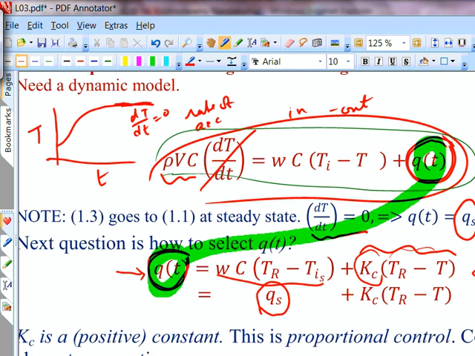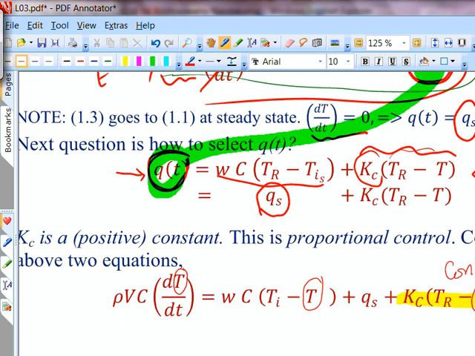When I say find the solution T as a function of time, I want to generate a graph of how the temperature in the tank is going to change with time by solving this differential equation. Everything else in the differential equation is known: the volume of the tank, the heat capacity, the density of the water, the inlet flow rate, the inlet temperature, and TR, the desired set point.